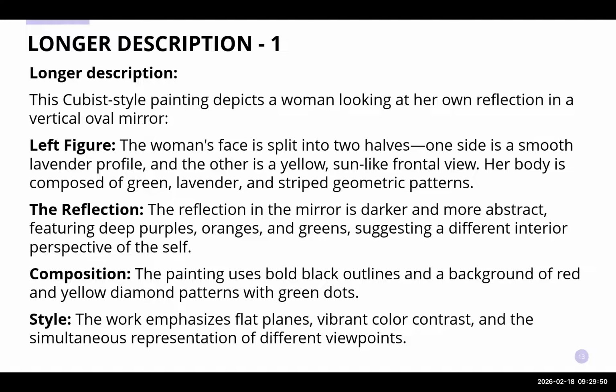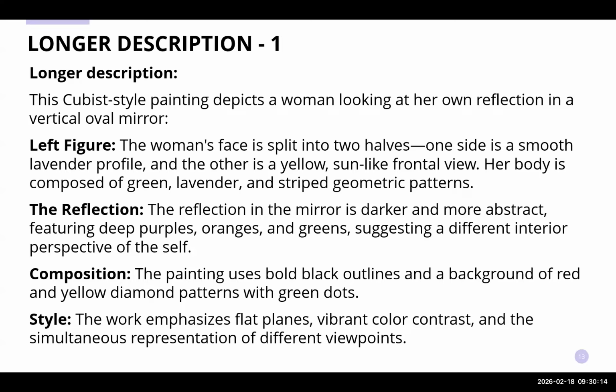Now we point out that it is darkened and it uses those purples and oranges, which suggests a shift in perspective. And finally, we talk about the overall composition, like the diamond patterns in the background and those bold black outlines that define the style.